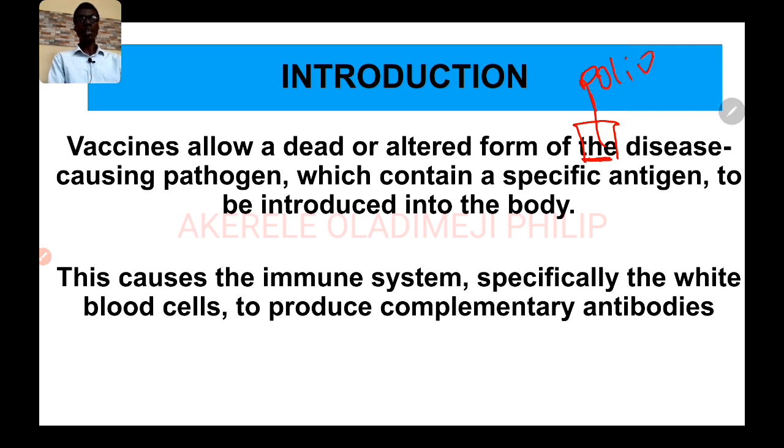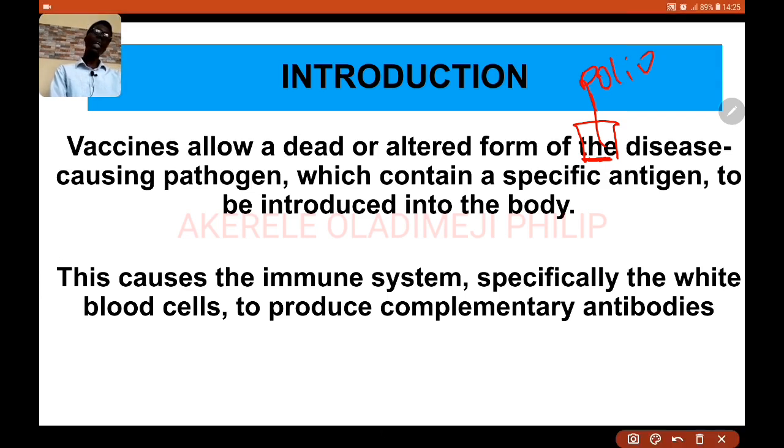It's not just anything, it has to be specific. The form of means a particular microorganism that causes a disease, which contains a specific antigen to be introduced into the body. This causes the immune system, specifically the white blood cells, to produce complementary antibodies. Now let me explain what that means in a minute.